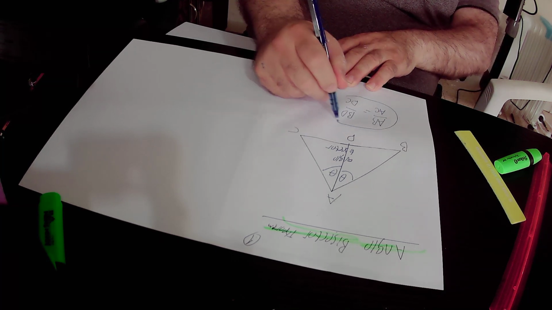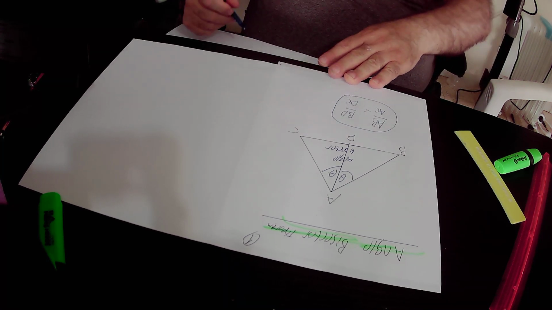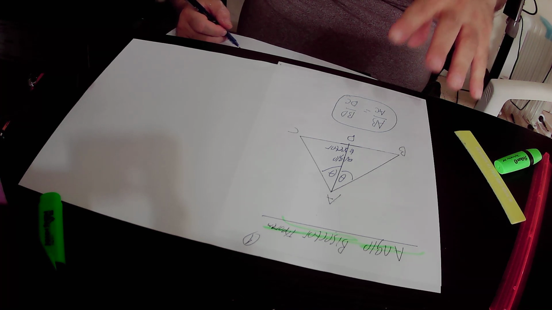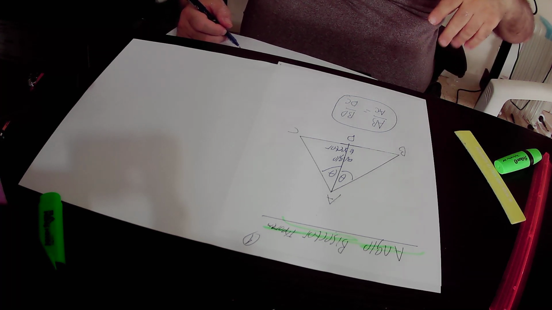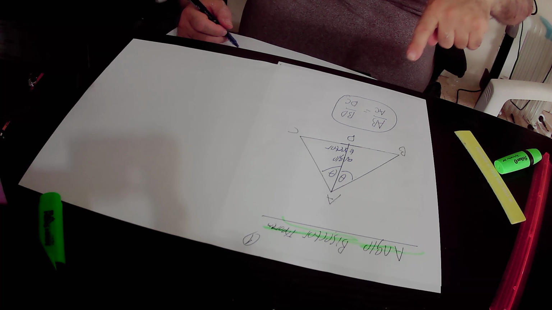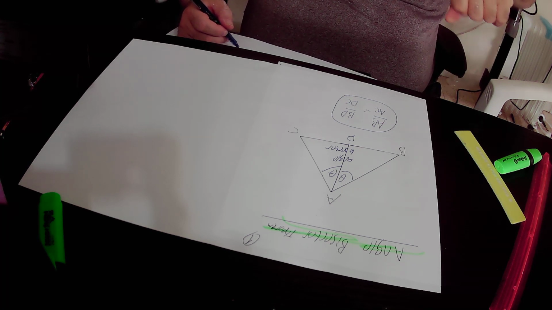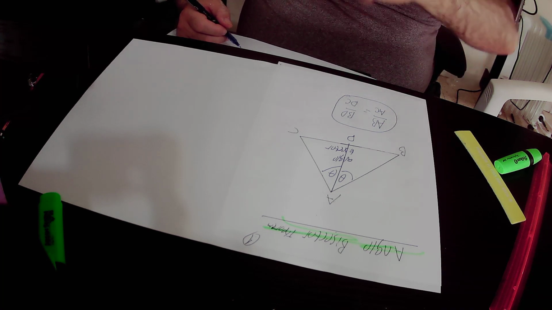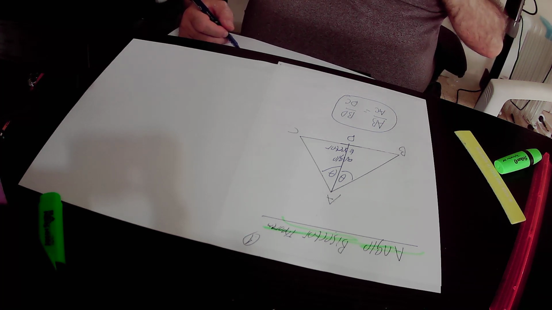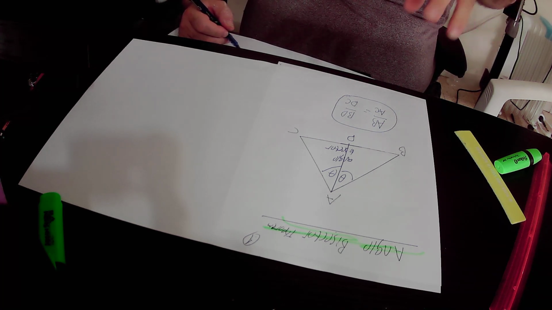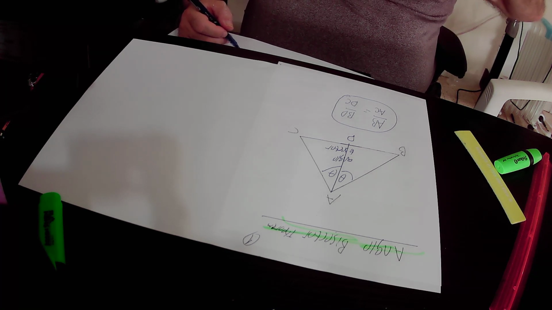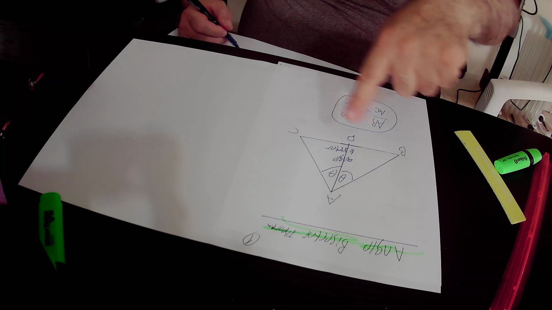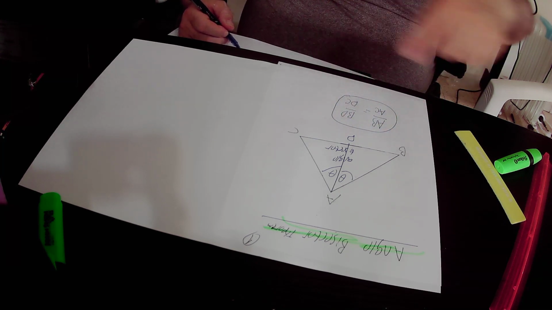I will repeat again: in this triangle, where AD is an angle bisector dividing angle BAC into two halves, each equal to theta, the following equation is true: AB over AC equals BD over DC.